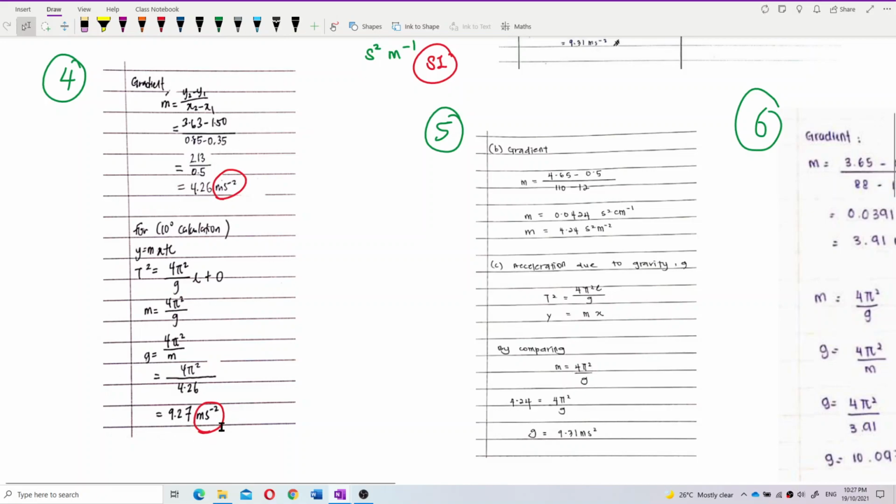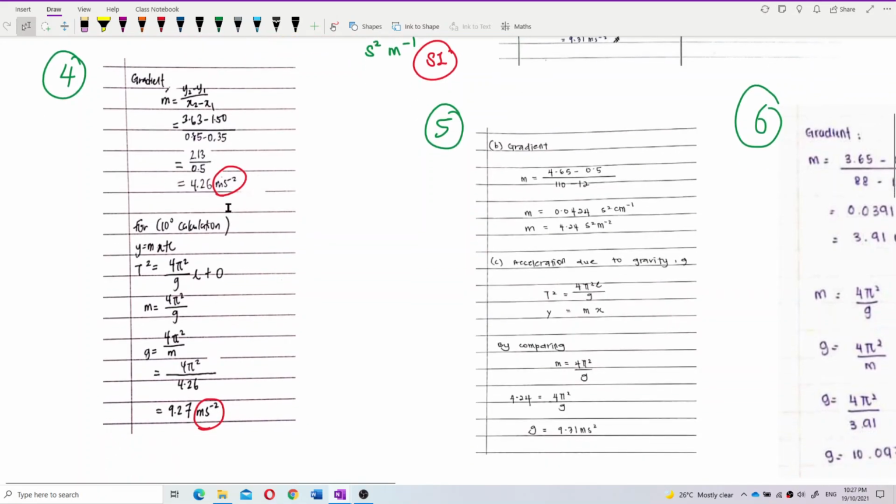G is meter per second square, but this gradient is not meter per second square. You didn't check the unit. You just simply put. This one is second square divided by meter, so your unit should be second square per meter. The gradient and the G value have different units. Don't simply put like this.